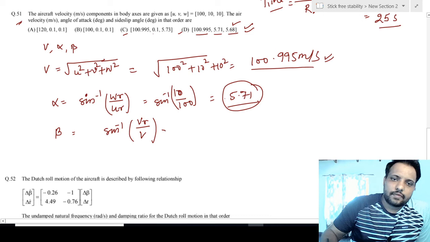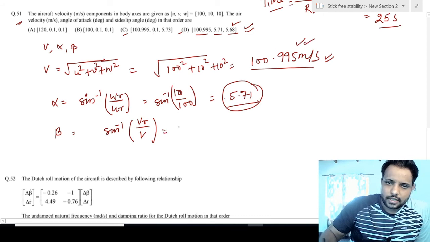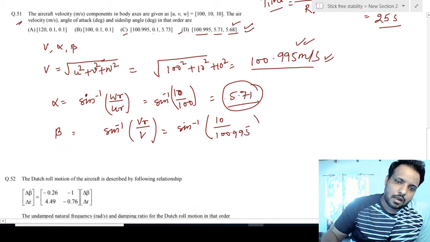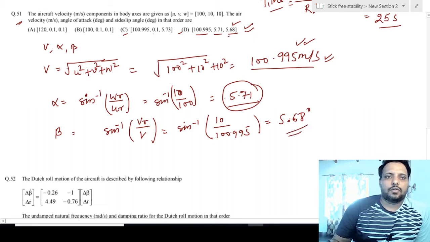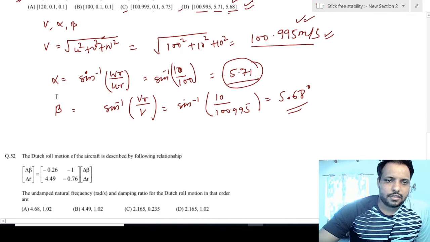So the resultant velocity is this. So I will get sine inverse 10 upon 100.995. So the answer is 5.68. This is the value of beta, which is correct. So option D is the correct answer.